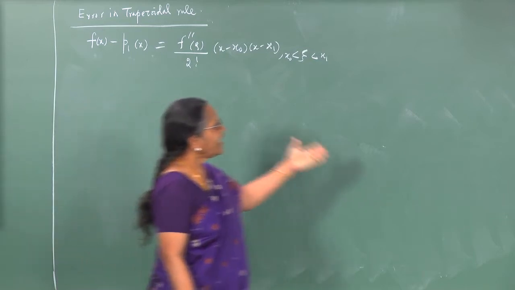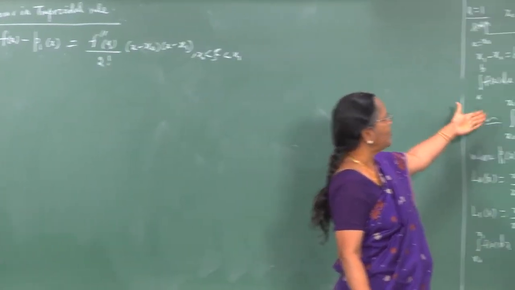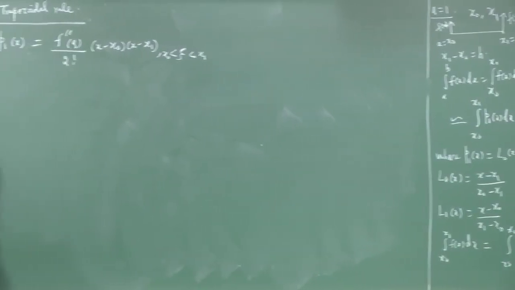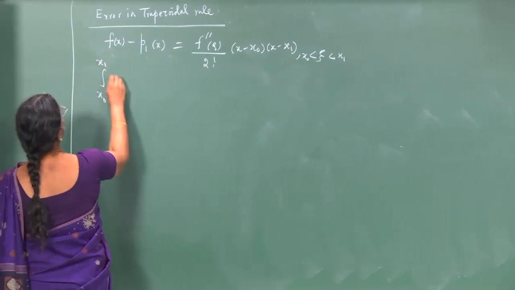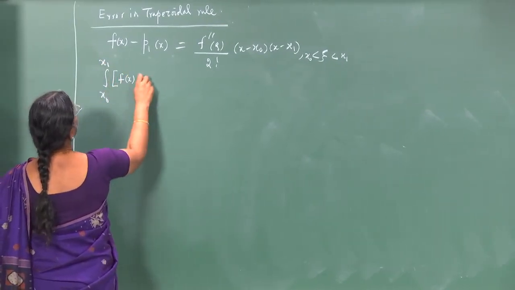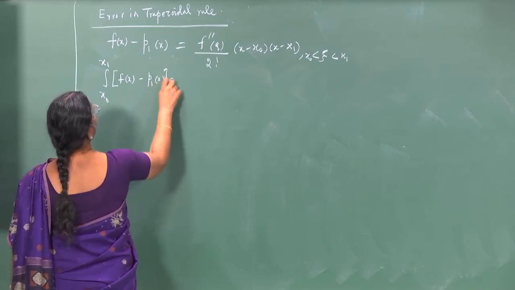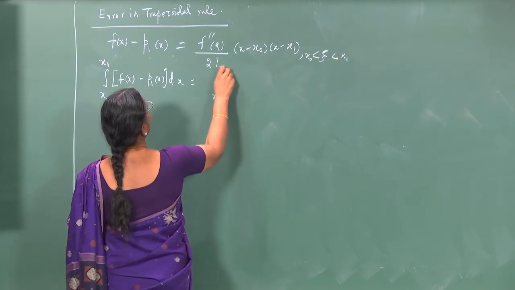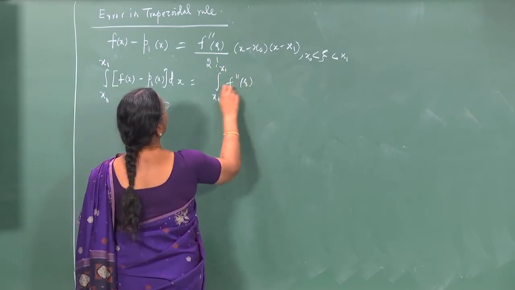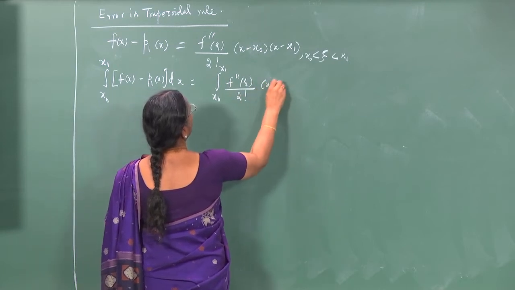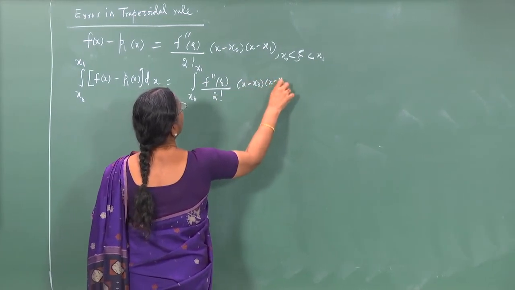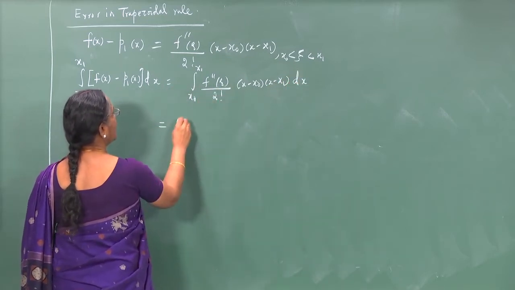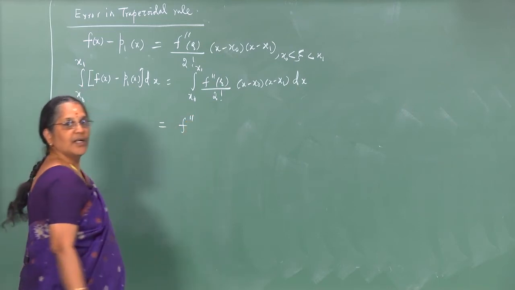And therefore, error in this evaluation of the definite integral will be obtained by integrating the error in interpolation between x0 and x1. So, the integral of f of x minus p1 of x dx will be equal to integral x0 to x1 f double dashed of psi by 2 factorial into x minus x0 into x minus x1 into dx.